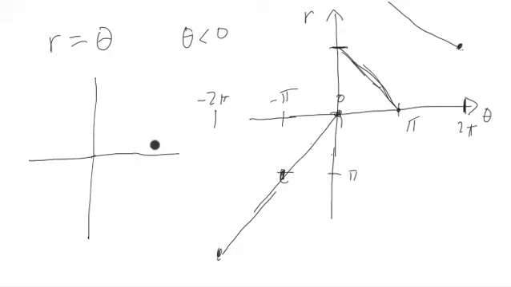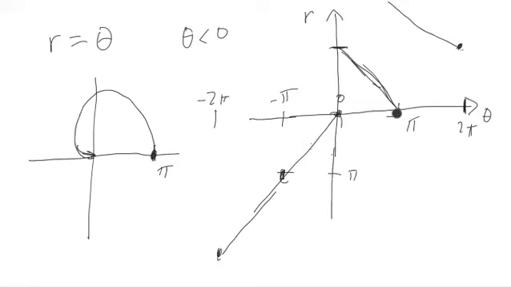So we'd start at pi, and that's actually the r value because r is equal to theta. And as theta now goes from 0 to pi, as we wrap around this way, we're heading down to 0. So it's going to spiral into 0.